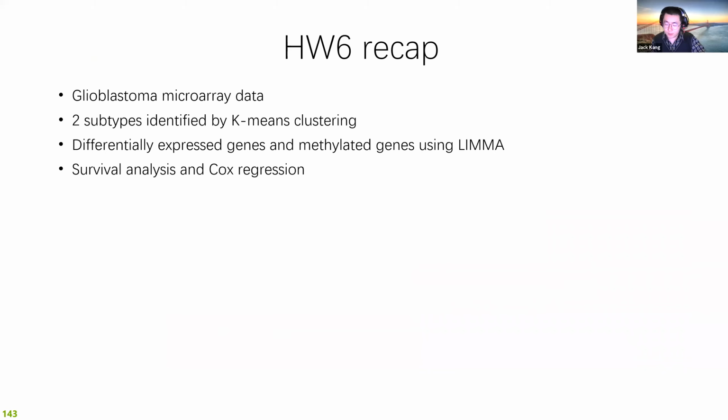And we will continue to talk about questions in homework 6. So in the last lab, we talked about part 1 and part 2, which focus on processing glioblastoma microarray data.